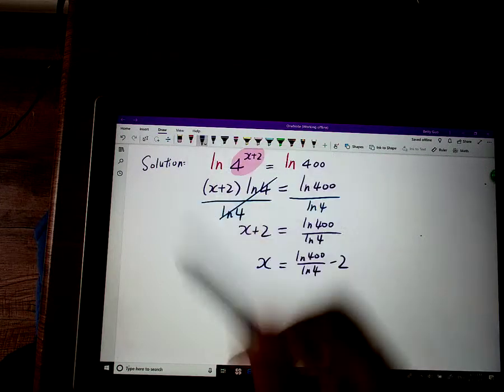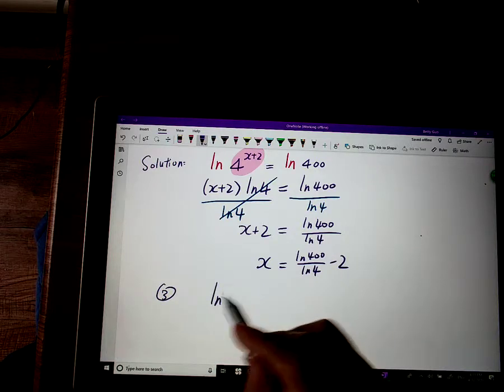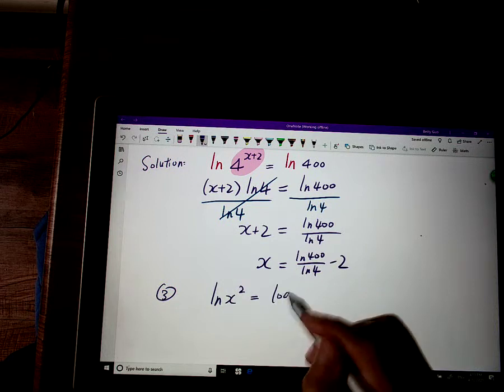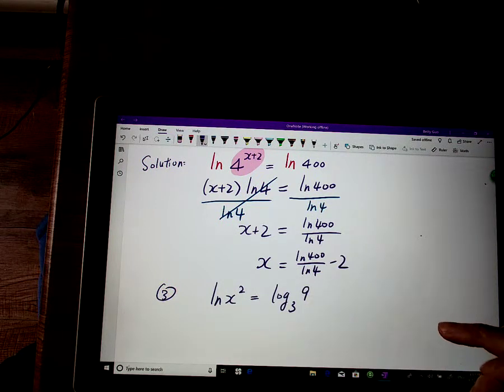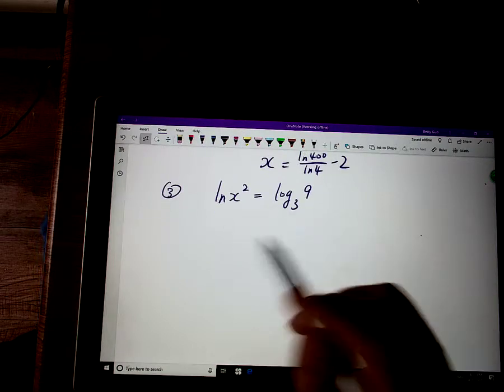Number 3, ln x squared equals log with base 3 of 9. Let's see how we solve this equation for x.